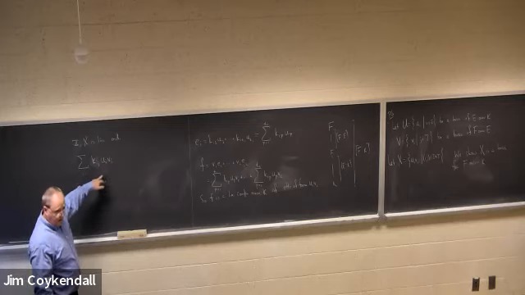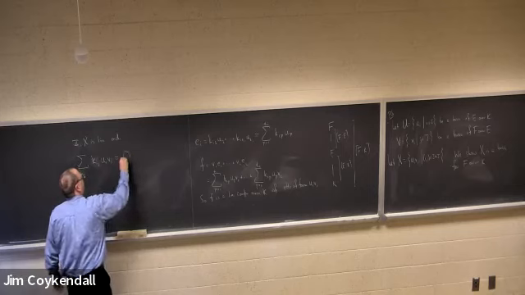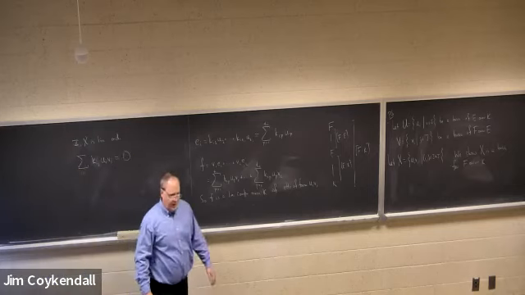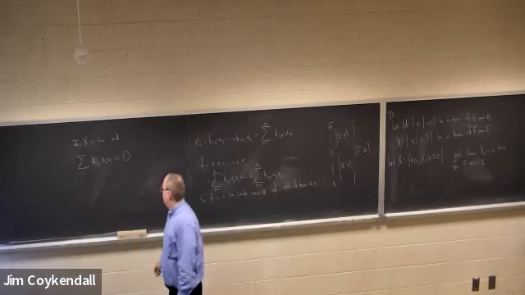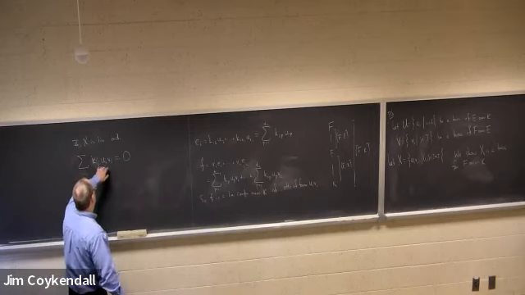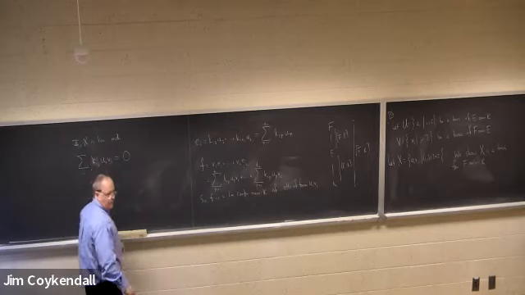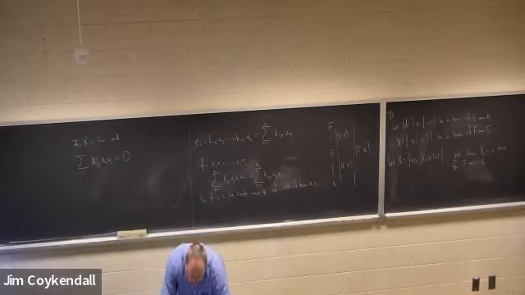I only go over finitely many indices here. And let's suppose this is 0. Because what we're trying to do is show the set of elements in X are linearly independent. So we need to show that all those KIJs are equal to 0.